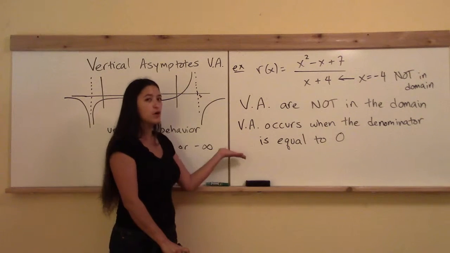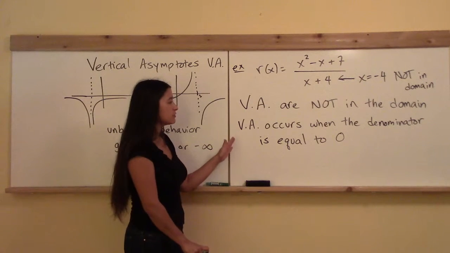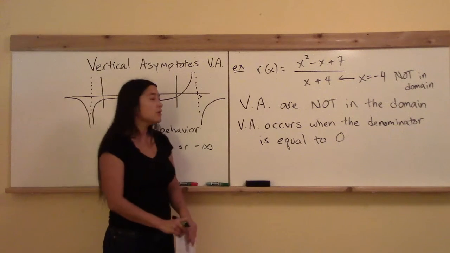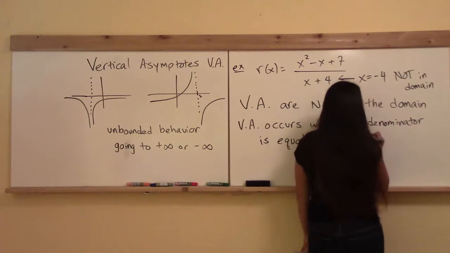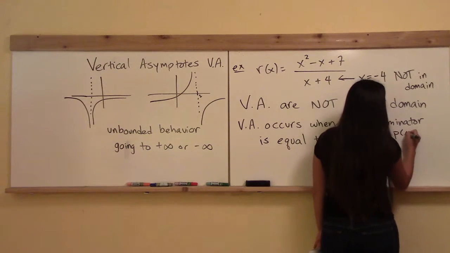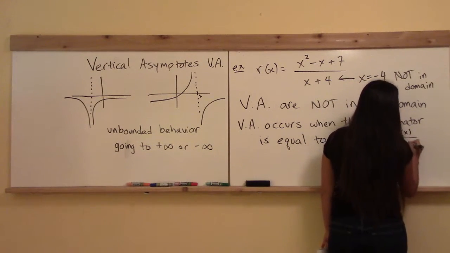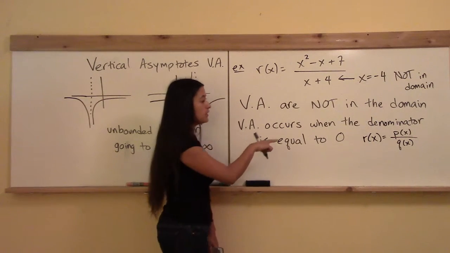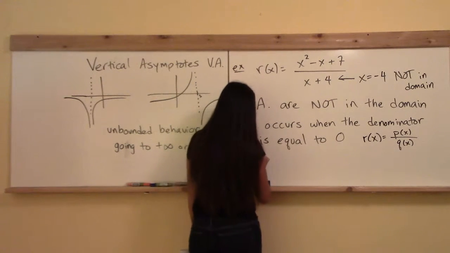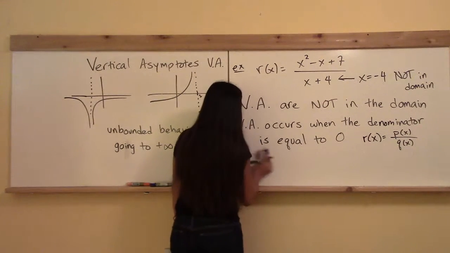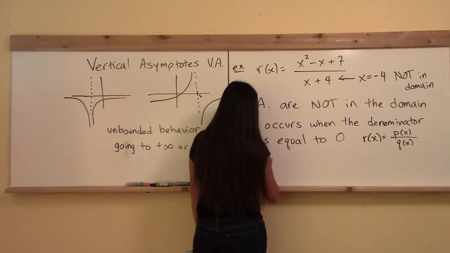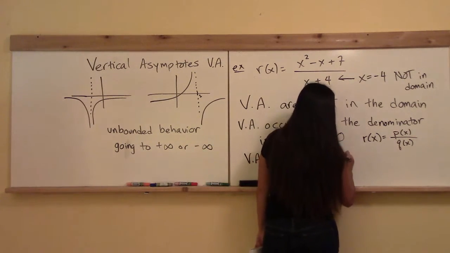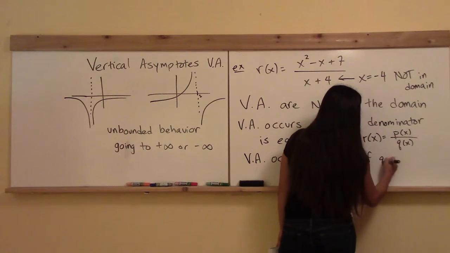Okay, so what you want to know here is that vertical asymptotes occur when the denominator is equal to 0. Now if you define, as I did before, a rational function as a quotient or ratio of two polynomials, the polynomial on the bottom is q of x, so vertical asymptotes occur at the zeros or roots of q of x.